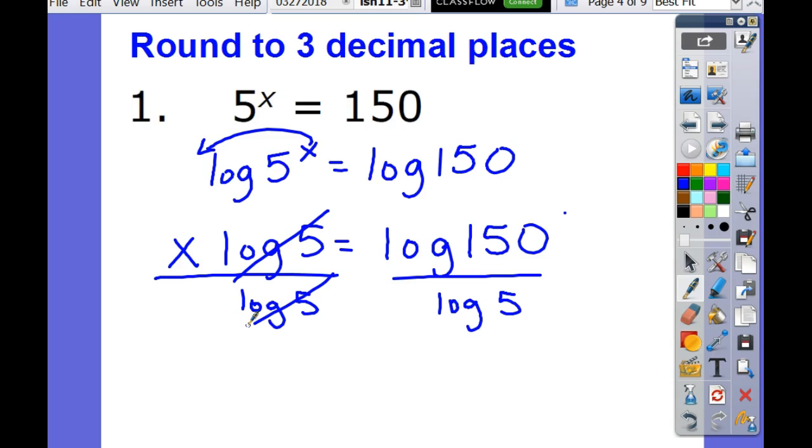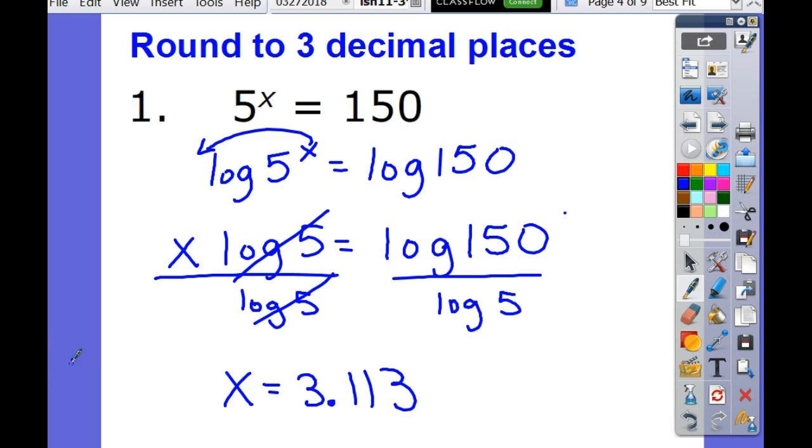What is the very important thing you have to remember? You must close the automatic parentheses when you're putting this in your calculator. And so the answer is x equals 3.113.